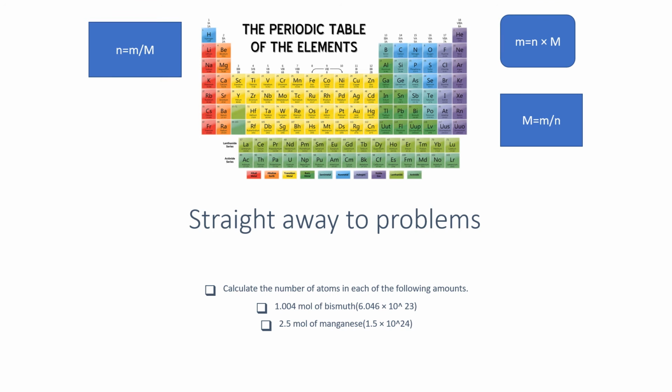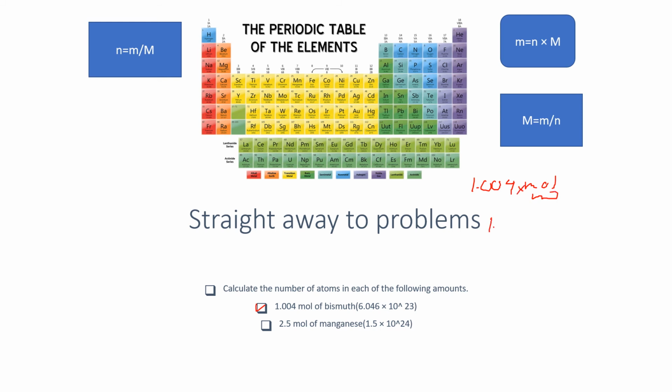Okay, calculate the number of atoms in each of the following amounts. So this is the very easiest question. You don't need to know anything. You just need to know what is the mole or what is the Avogadro constant. So the first question, it asking 1.004 mole mean what? We know mole is Avogadro constant.